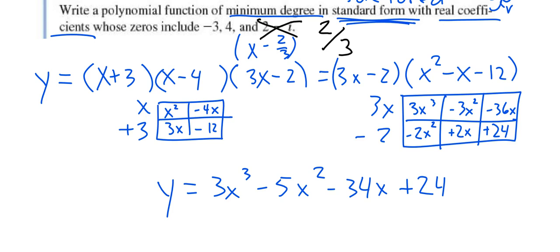There's probably something like that. 3x minus 2, 3x minus 6. Yes. You get a minus 36x and a positive 2x. Oh, that was good.